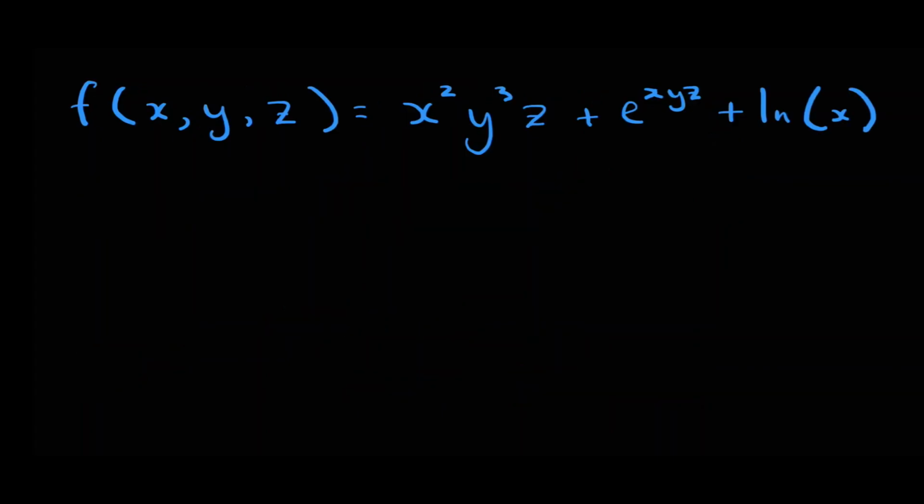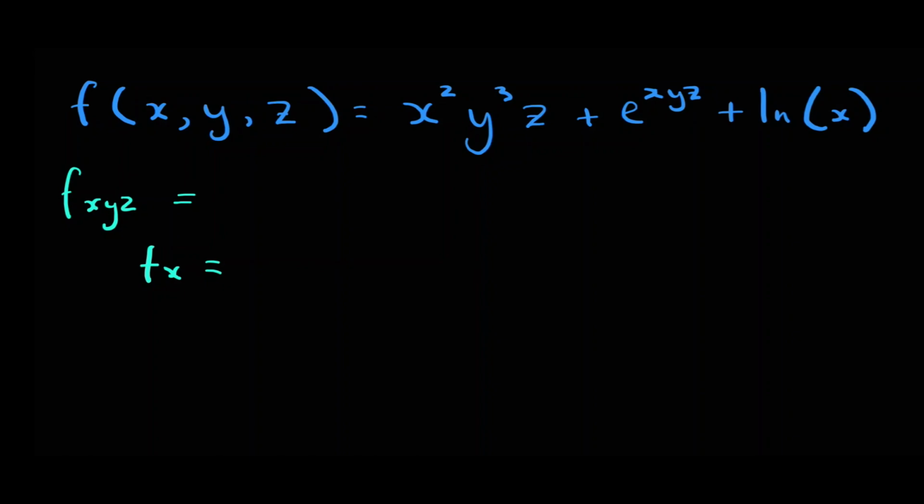Alright, and finally, for this function of x, y, and z, see if you can find f subscript x, y, z. So that's going to be a third order partial derivative. So to find f subscript x, y, z, first we're going to need to differentiate with respect to x and treat y and z as constants.